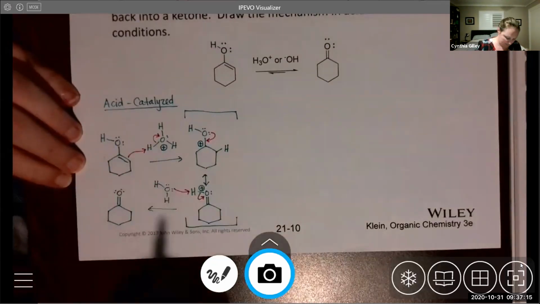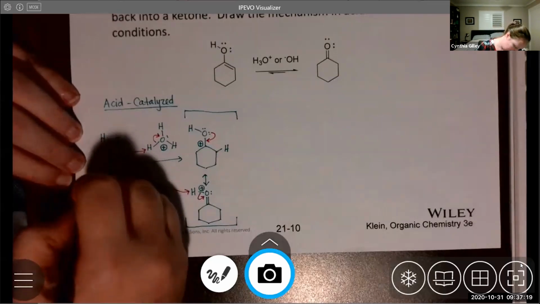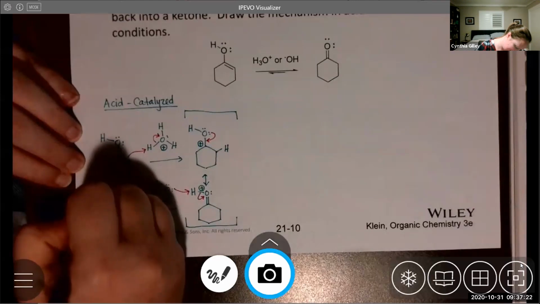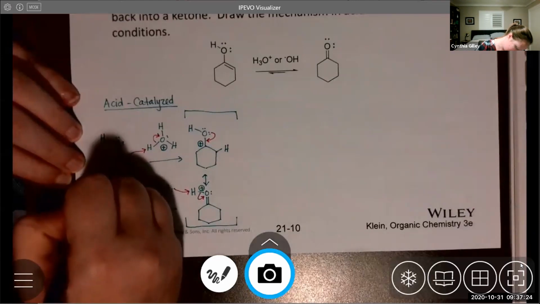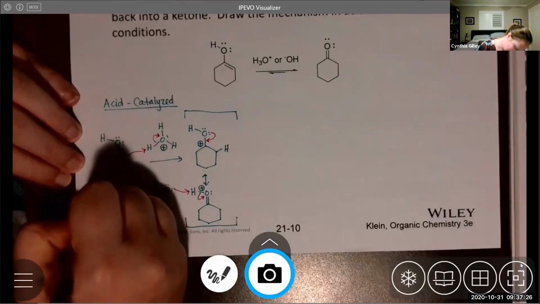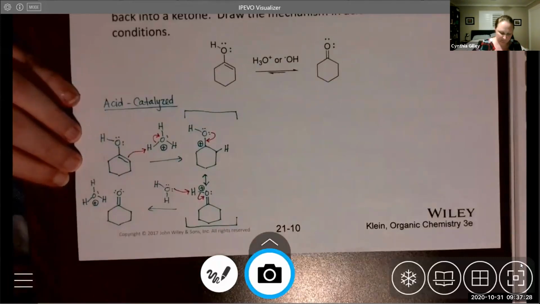Notice that we also regenerate hydronium ion in that step, and therefore all we need is catalytic acid because it gets used and regenerated. Let's look at the mechanism.